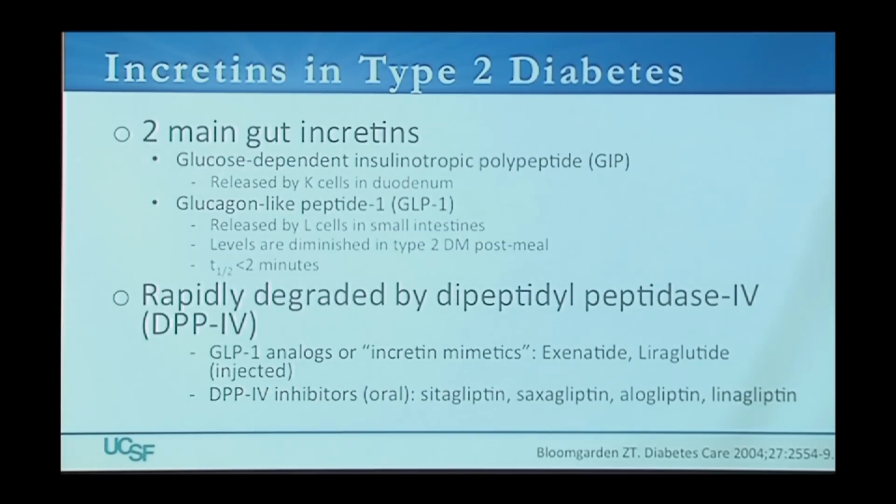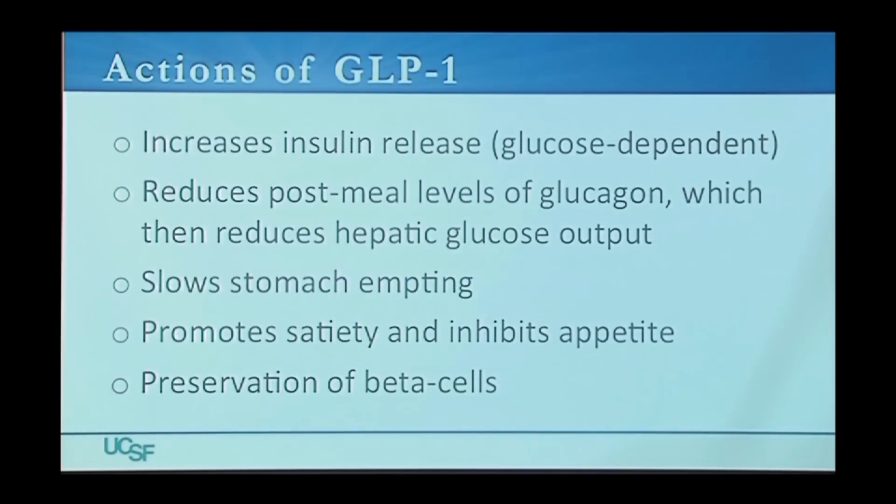These are DPP-4 inhibitors. So what these hormones do in the body is multifold. But one of the key actions of GLP-1 is that it increases insulin release. So as we eat, the hormone gets released from the gut, goes to our pancreas, to the beta cells that make the insulin, and causes it to make more insulin.